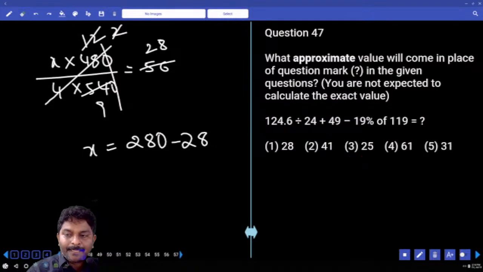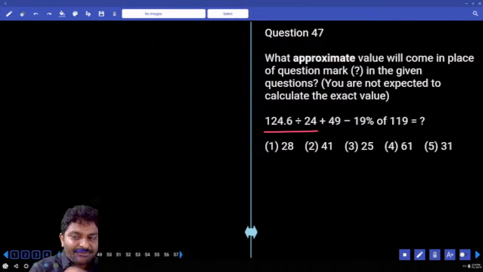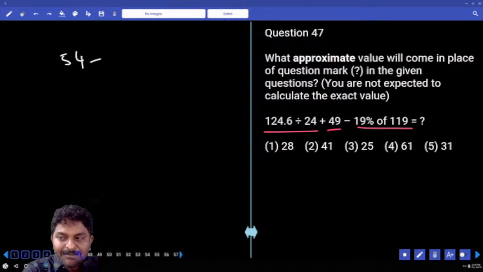Okay? 125 divided by 24. Approximate 5. 5 plus 49. 50. Minus 20% of 120. 20% of 120. 10% and double kada. 120, 10%, 12, double. Answer.